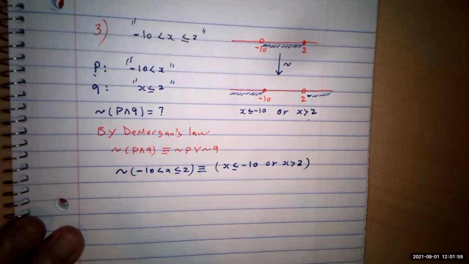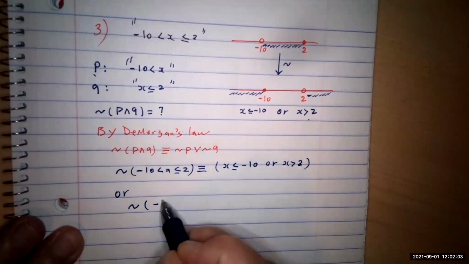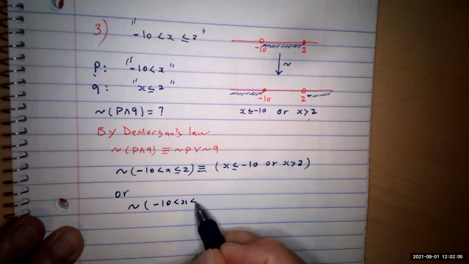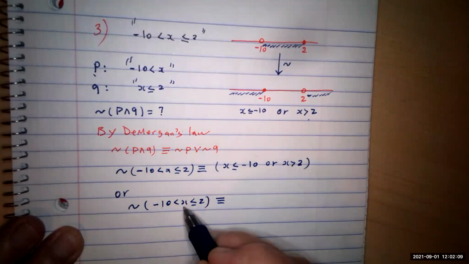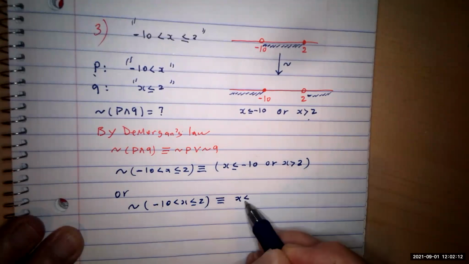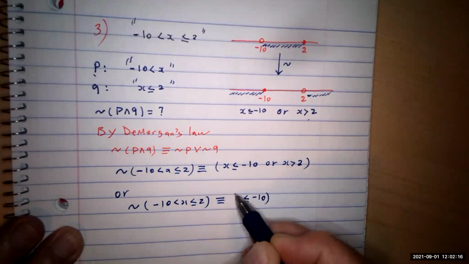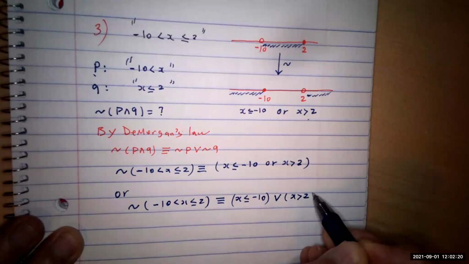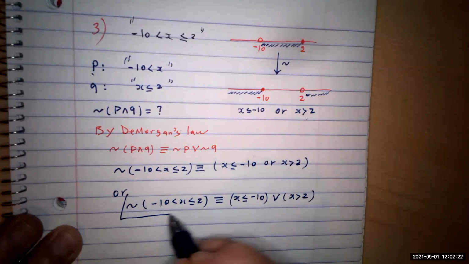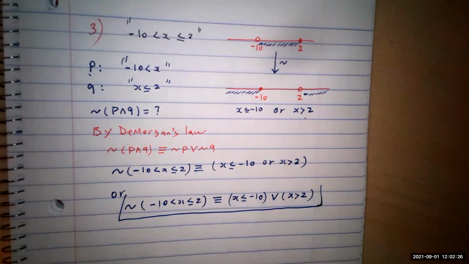If you want to write it down nicely, the negation of -10 less than x less than or equal to 2 is equivalent to x less than or equal to -10 or x greater than 2. That's the best version to write this in symbolic form.